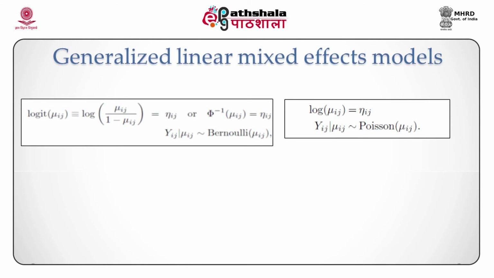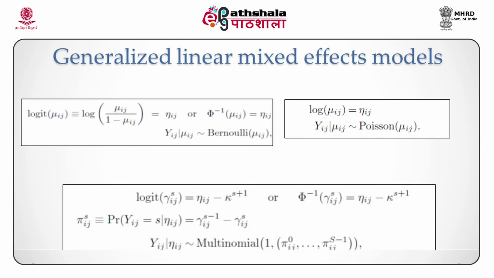We can also generalize this further to introduce the concept of categorical data. So instead of a binary outcome, we have a categorical outcome, and we can model this by assuming, for example, the logistic model. So logit of gamma_ijs is equal to eta_ij minus kappa_s plus 1, or the corresponding probit model, phi inverse of gamma_ijs equal to eta_ij minus kappa_s plus 1, where pi_ijs is the probability of y_ij being in the sth category given eta_ij, equal to gamma_ijs minus gamma_ij,s minus 1.